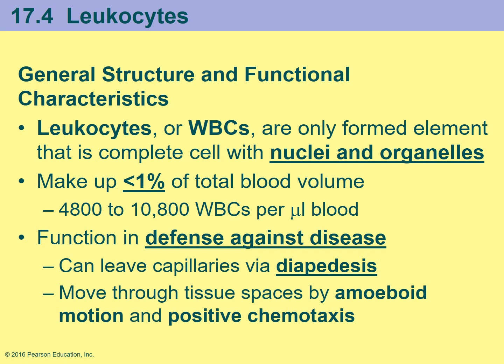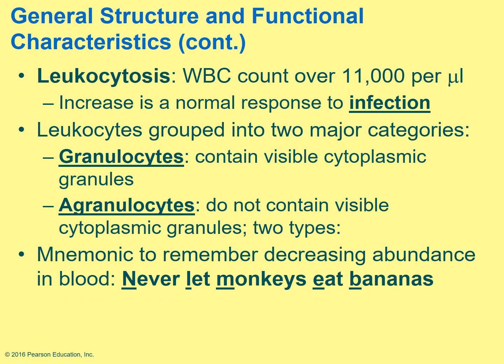Chemotaxis is when a chemical is released and it attracts something or it repels it. So positive chemotaxis is where the white blood cell will be attracted to certain chemicals. If it was a negative chemotaxis, it would be repelled and want to move the opposite way from it. So we know what the normal white blood count would be.